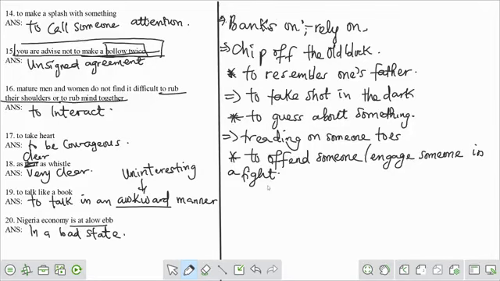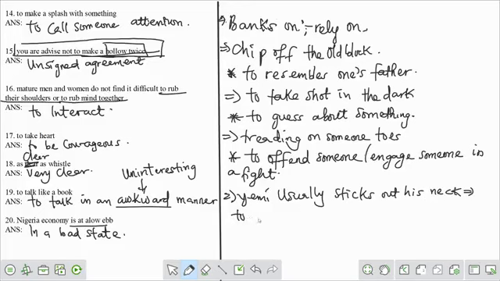So let's continue again. Let's do this. Now, if I say Yemi usually sticks out his neck, it means to do something that could bring one's problem.